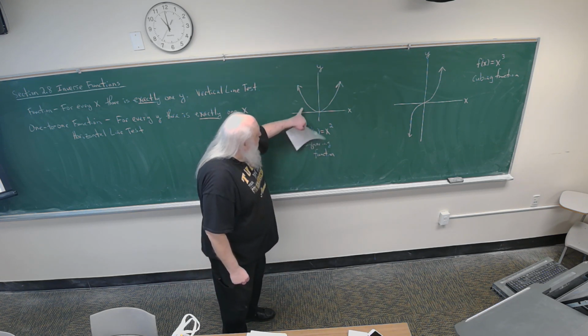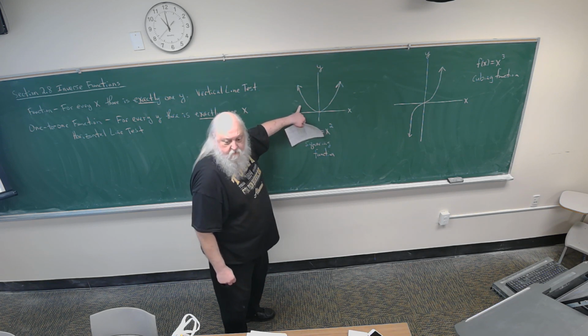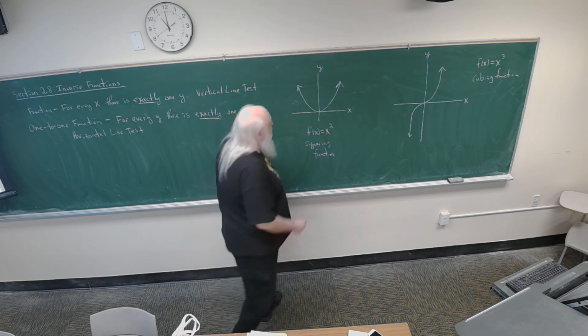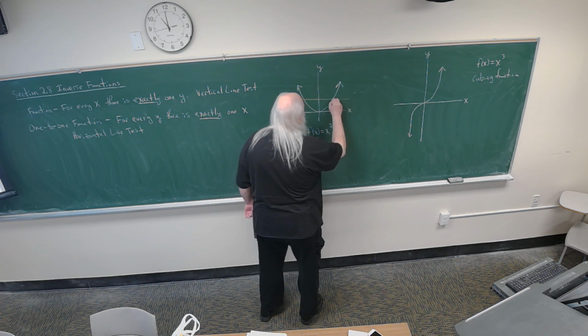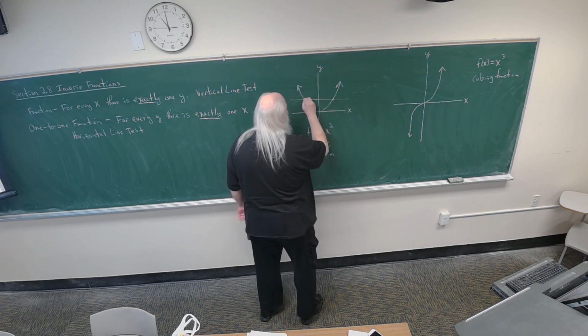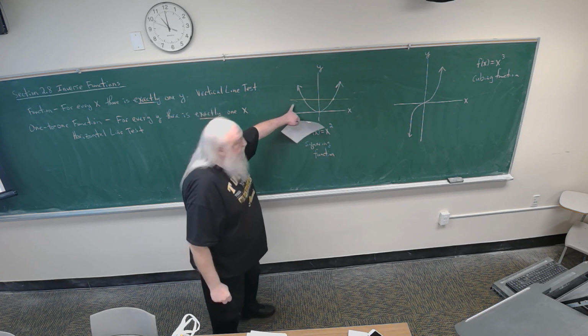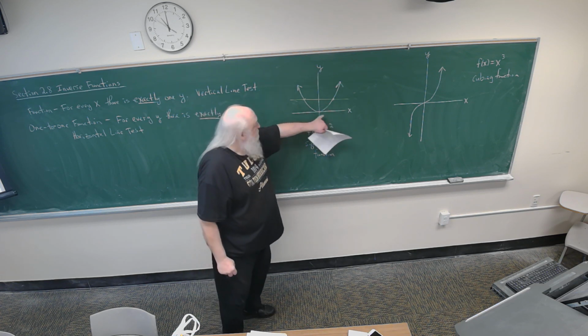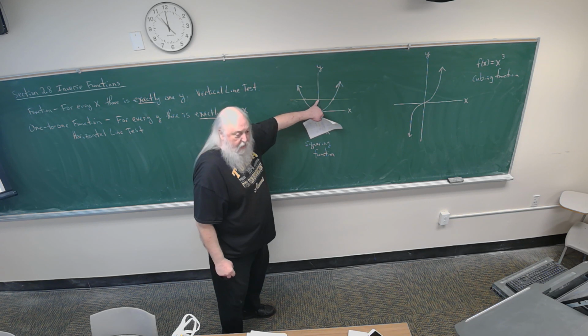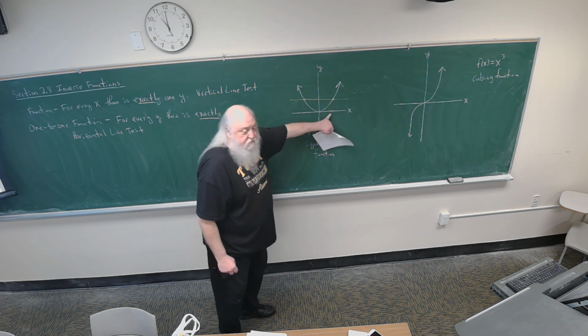Is the squaring function a one-to-one function? No, it fails the horizontal line test. If I draw the horizontal line here, it intersects the graph in two locations. It means for this one value of y, where the line crosses the y-axis, there are 2 values of x.